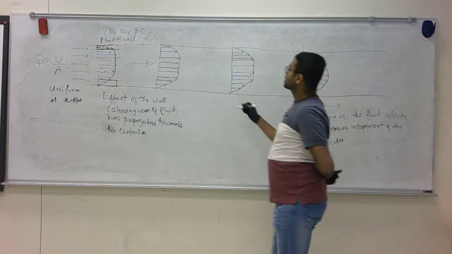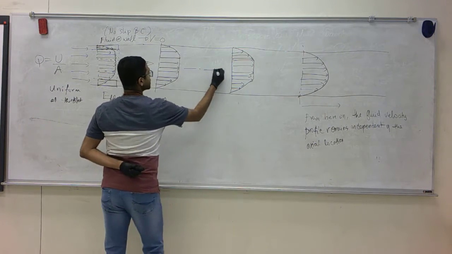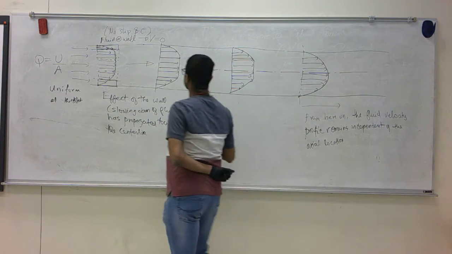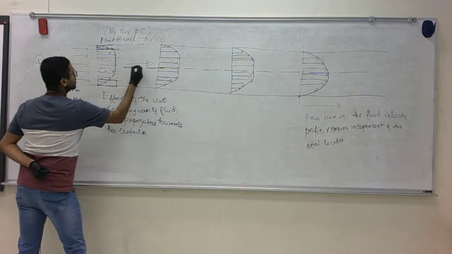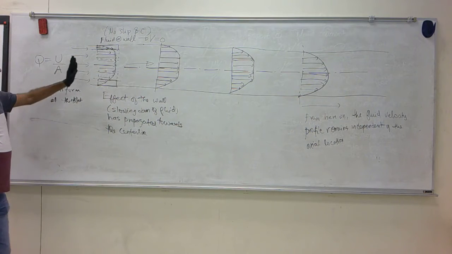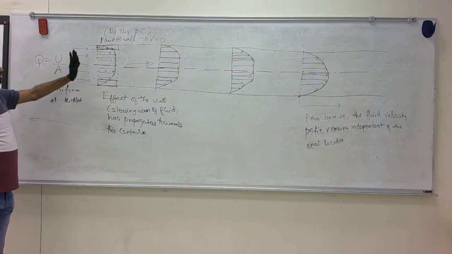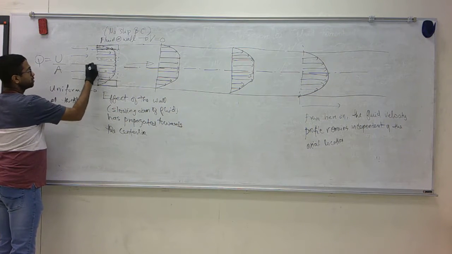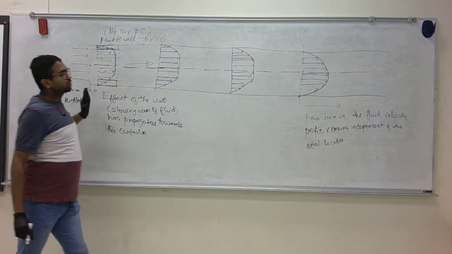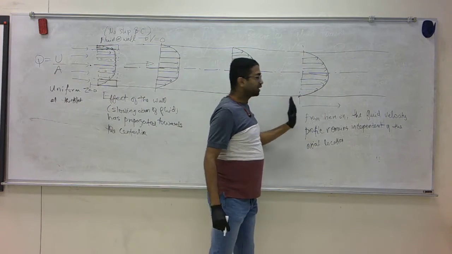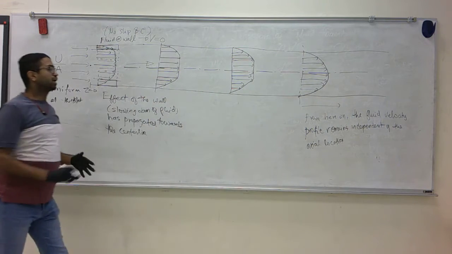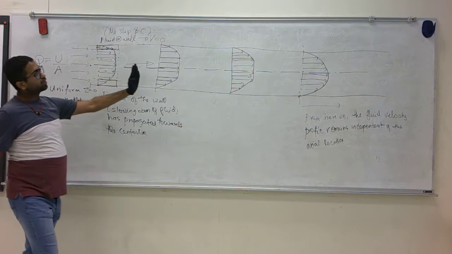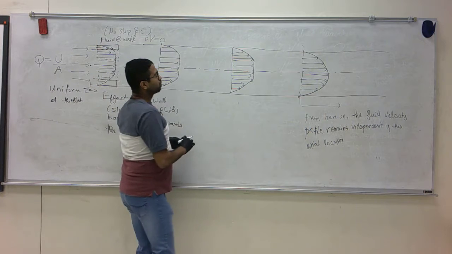That is, if you consider this to be your axis, as your position goes from the start, which is z equals 0 here, all the way to the point that it becomes fully developed, or in other words fully viscous, the velocity profile continuously evolves and becomes more and more viscous.